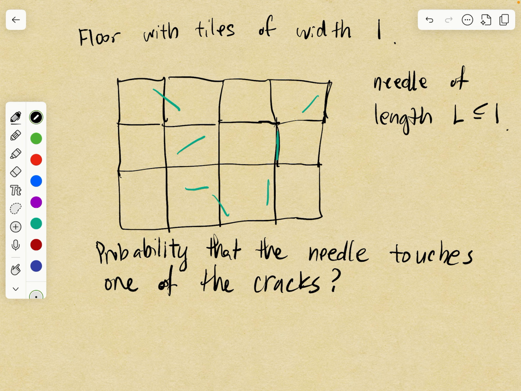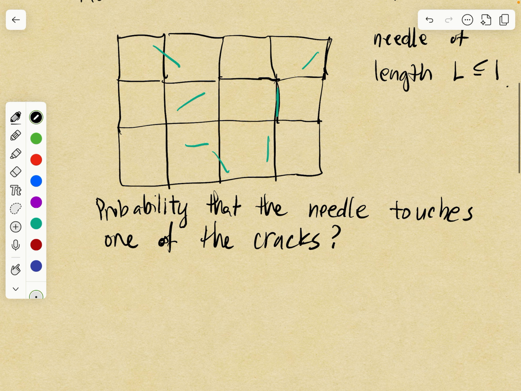So you imagine it's this infinite floor. We assume that the needle and the cracks have width 0, of course.